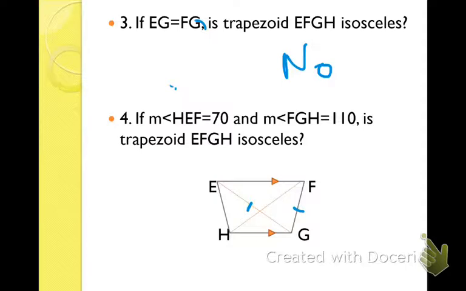All right. Now they take the problem, if the measure of HEF equals 70, so let's label that. The measure of HEF is 70, this angle is 70, and FGH is 110, this is 110.